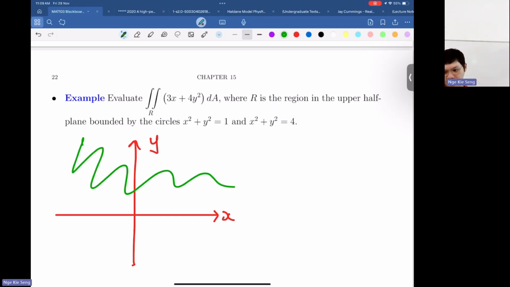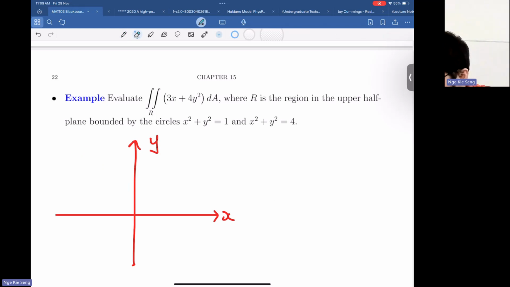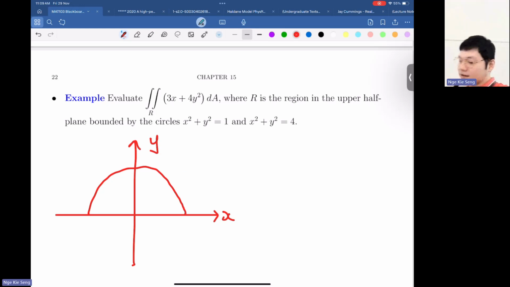Bounded by a circle. What's this circle? You shouldn't forget, right? This is the unit circle centered at the origin, but only one side, because upper. Or can you describe more precisely what curve this is?